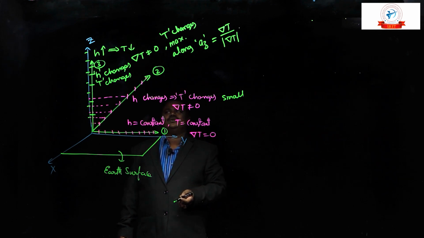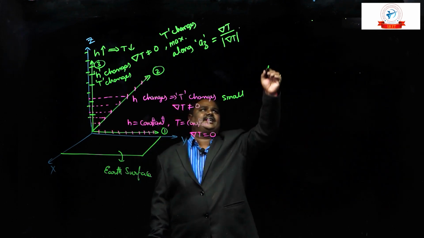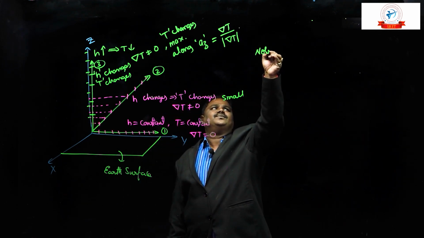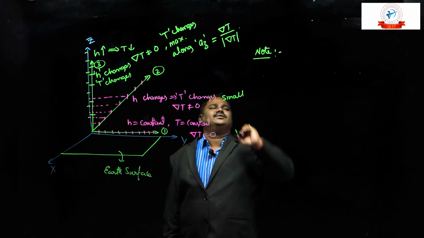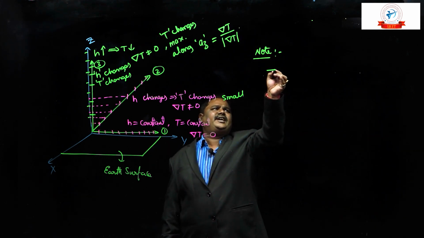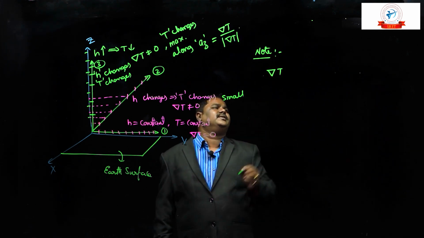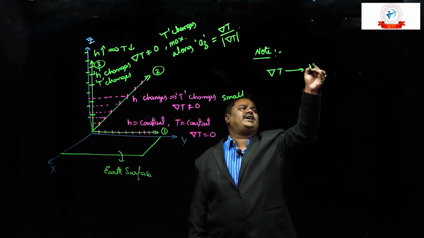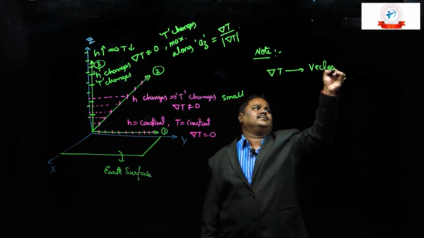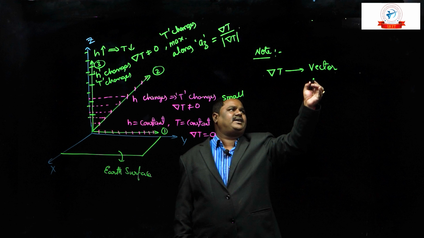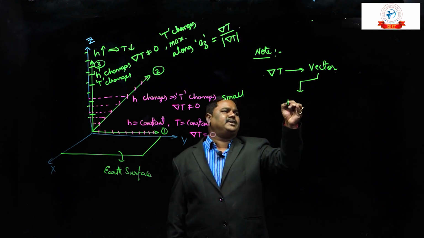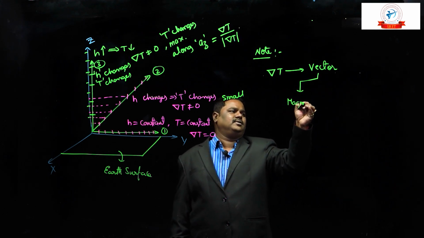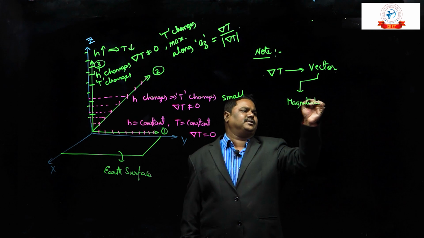Okay. So finally I am going to conclude here. You can take it as a note. What does the gradient of T explain? Gradient of T is a vector quantity. A vector should have magnitude and also direction.